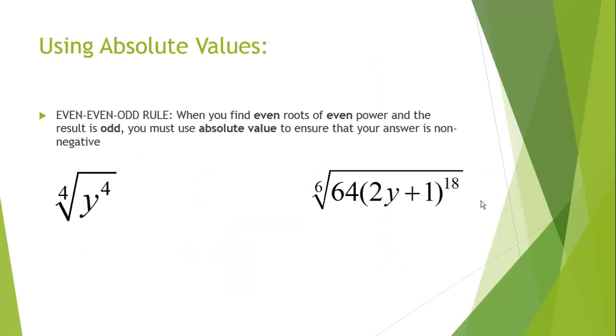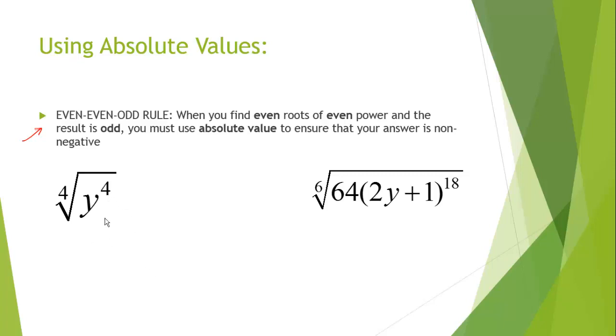Now, here's where it gets interesting. When we deal with roots, sometimes we have to ensure that our answer is non-negative. And when we must do that is if our problem follows what we call the even, odd rule. So here's what it means. When you're doing an even index or an even root, and your inside power is also even, and the answer you get by taking that root is an odd power, you've got to put an absolute value bar on your answer.